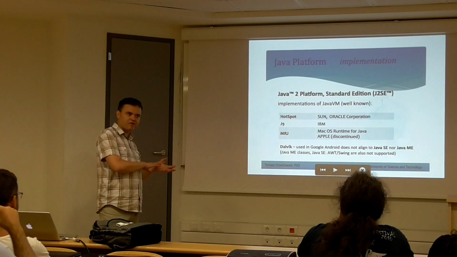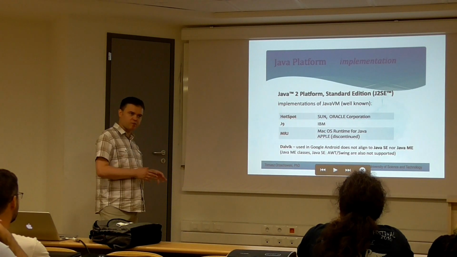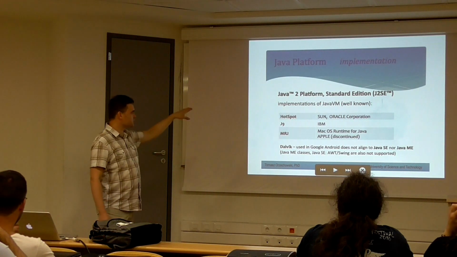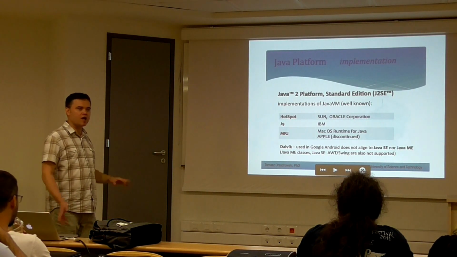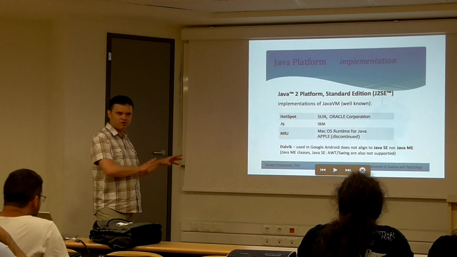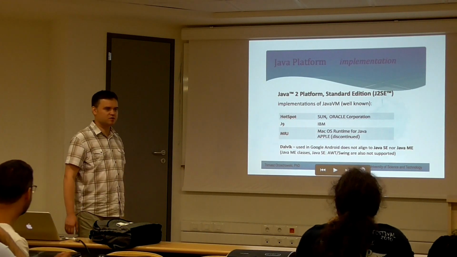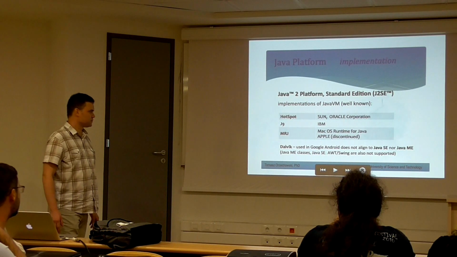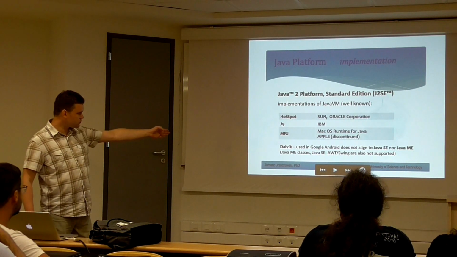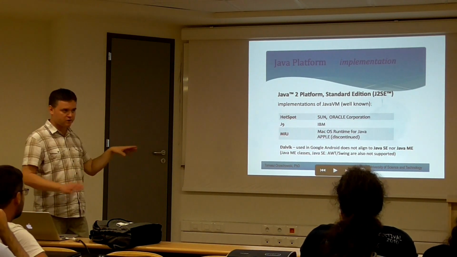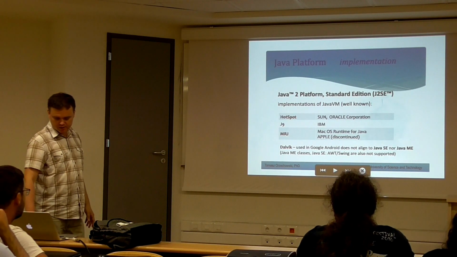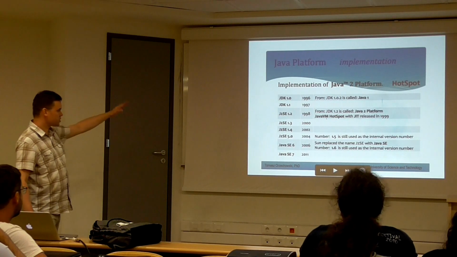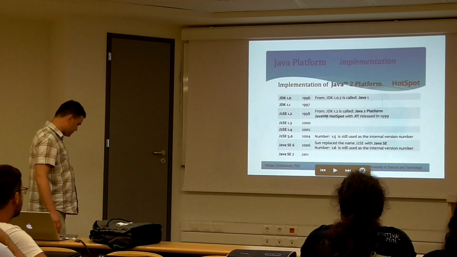It is another implementation with some elements taken from the specification of Java Platform Standard Edition plus some Google extras. So it's not the same. Swing, for instance, is not supported in Dalvik, the Google implementation.